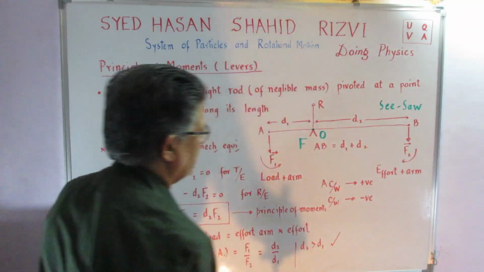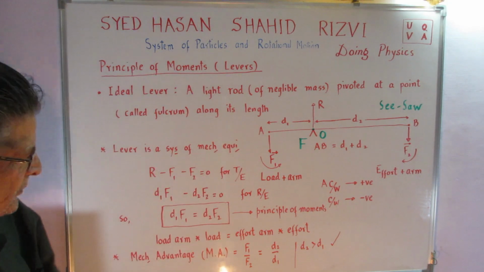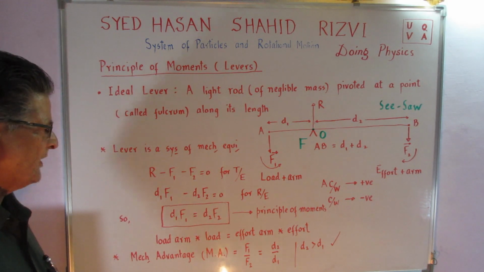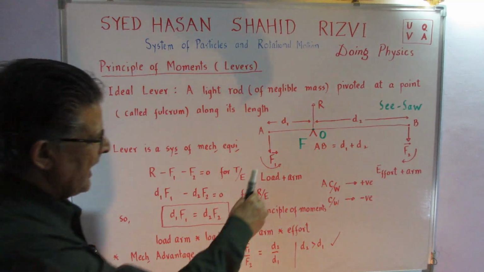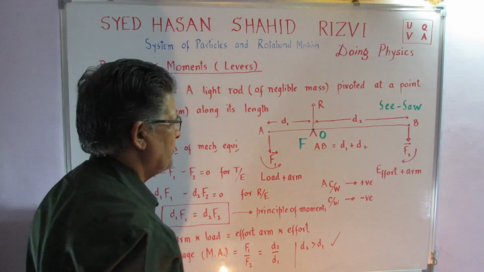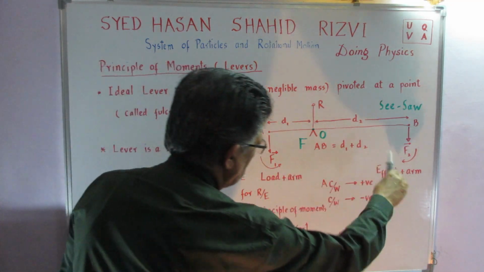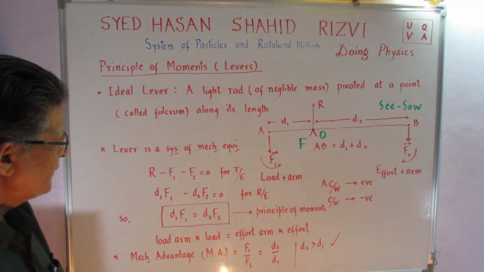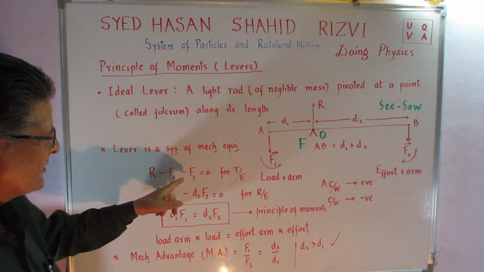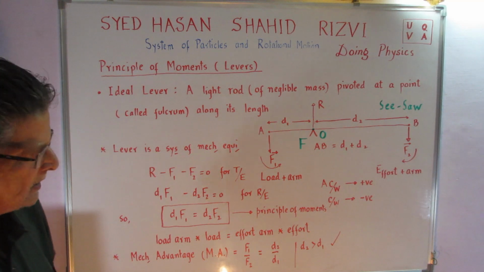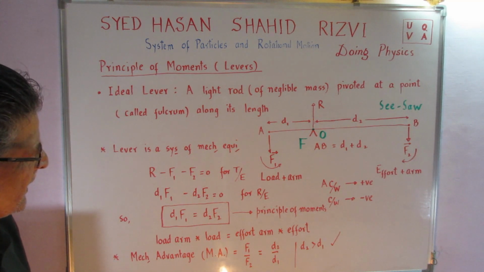The rod is very light, and under that consideration we write the equation: R in the upward direction, which is anti-parallel to F1 and F2, so R minus F1 minus F2 equal to 0 for the translational equilibrium.